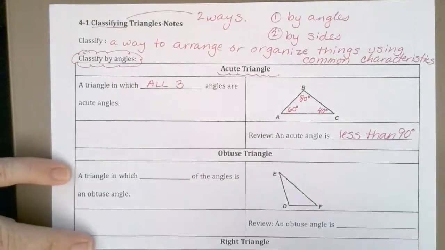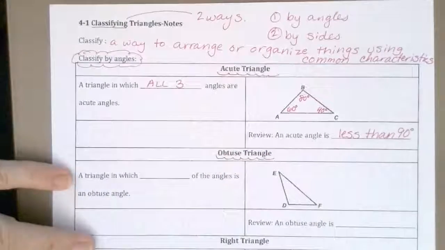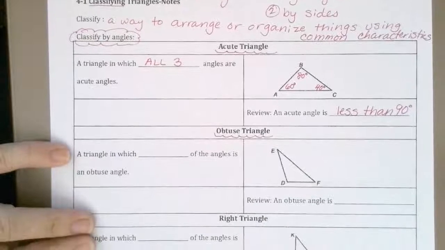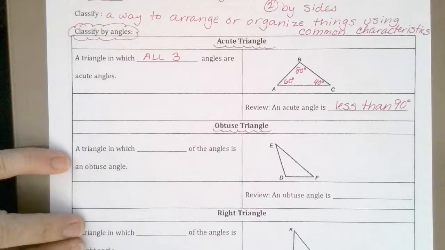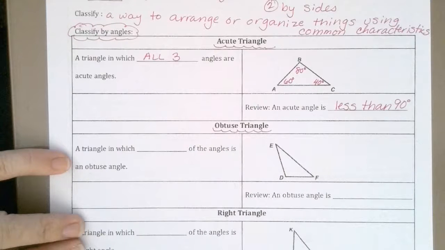Okay. We can also have an obtuse triangle. Now think about this for a minute. If all three angles in the triangle are going to add up to 180, and obtuse is bigger than 90, right?